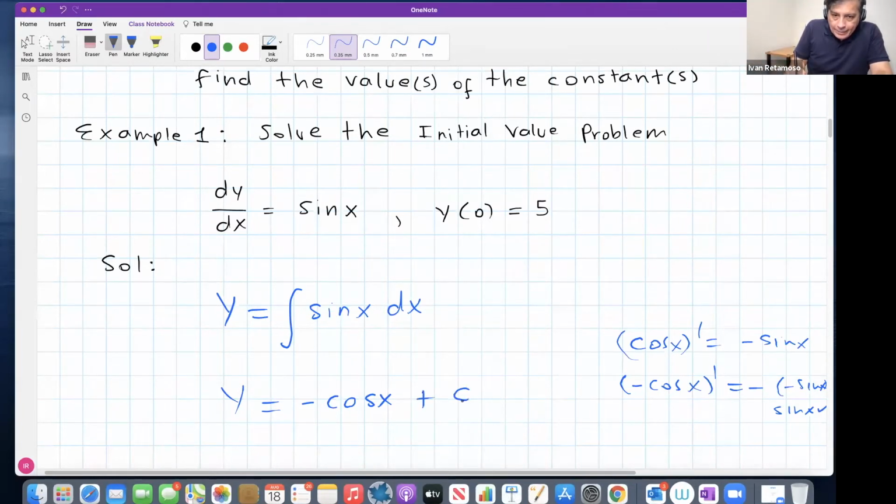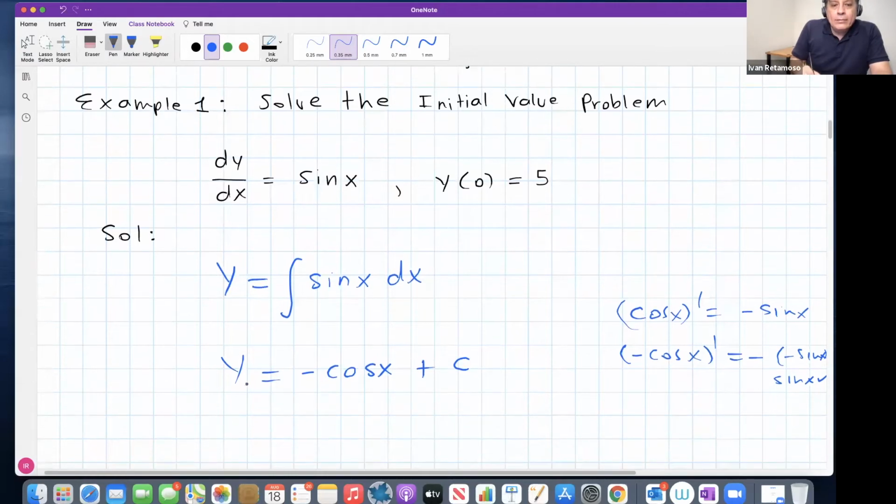Now, the goal is to find this function y, not in terms of a constant. The goal is to find the function uniquely, not as a family. So we use now this extra information that they're giving us.